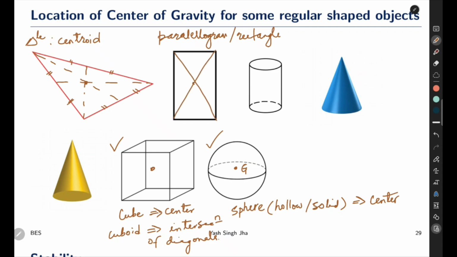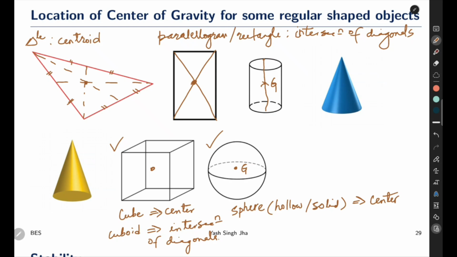Wherever the diagonals intersect, that is the center of gravity. For a cylinder, it is the midpoint of its axis. The midpoint of its axis is the center of gravity.